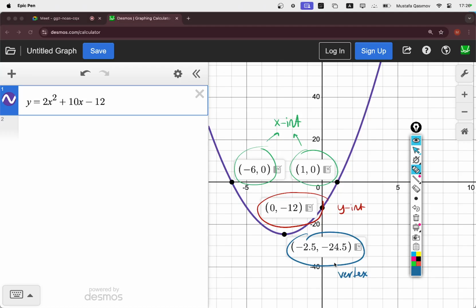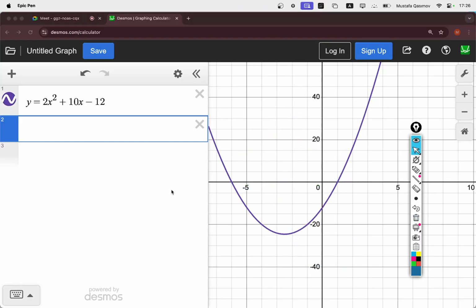Now if I am asking you a question like this, what are the x-intercepts? No, actually they will never ask this type of question. They will ask a question like this: for how many?